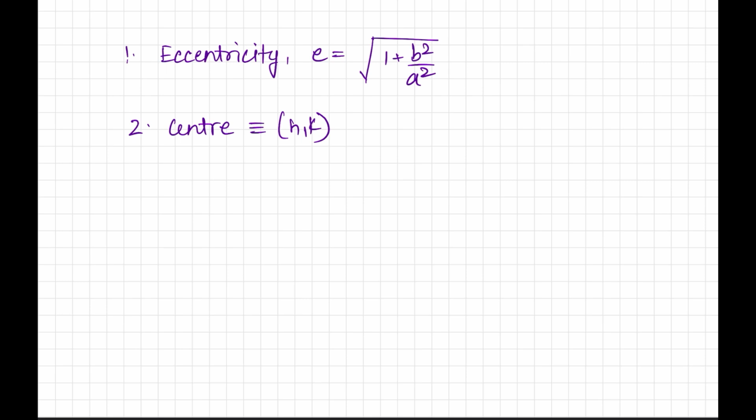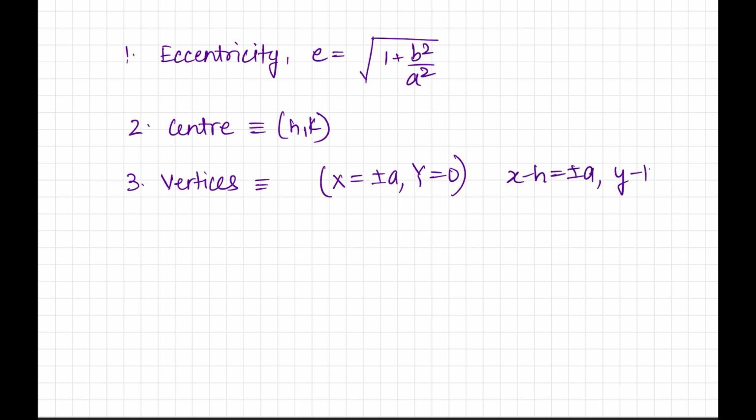Next are the vertices of the hyperbola. So how can we find them? Vertices are given by capital X equals plus minus a, capital Y equals 0. So if we put capital X as x minus h equals plus minus a and y minus k equals 0, what we have is h plus minus a comma k.